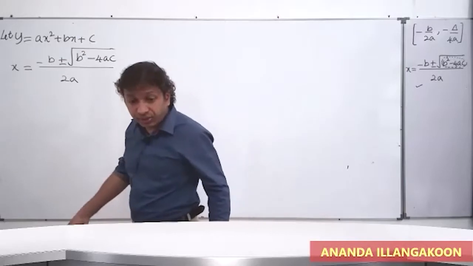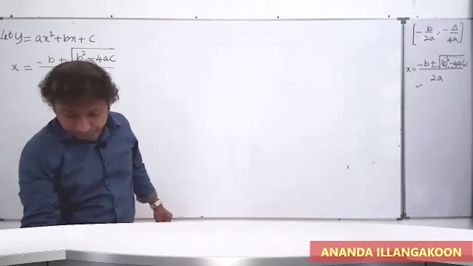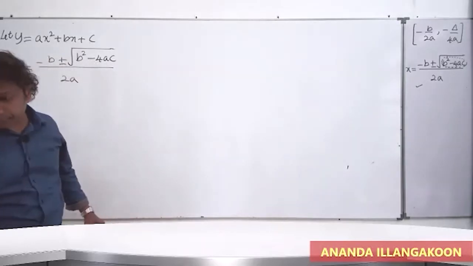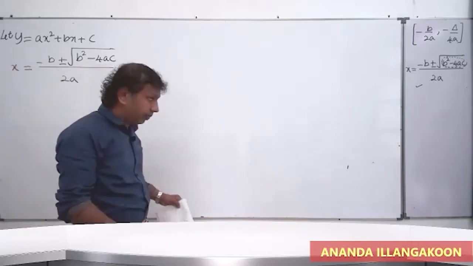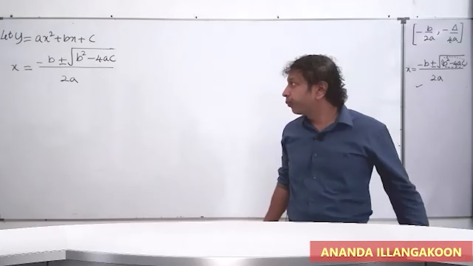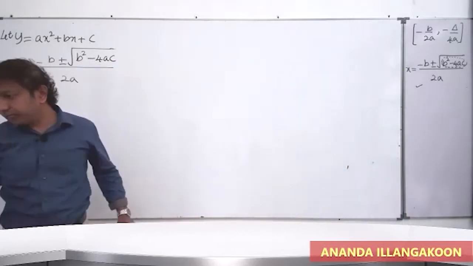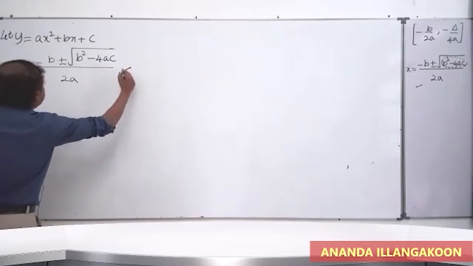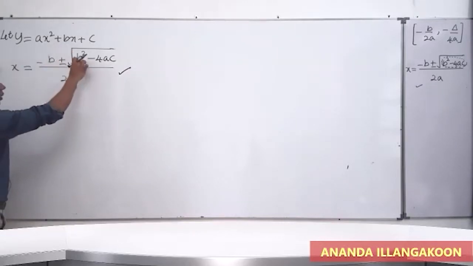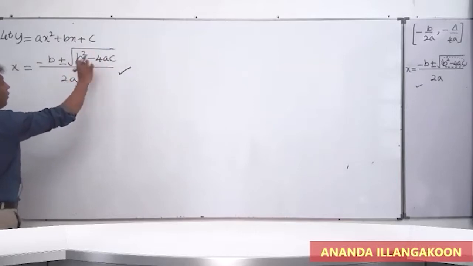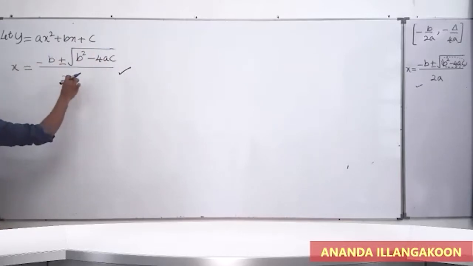The roots of this function are given by x equals minus b plus or minus square root of b squared minus 4ac, whole thing divided by 2a.